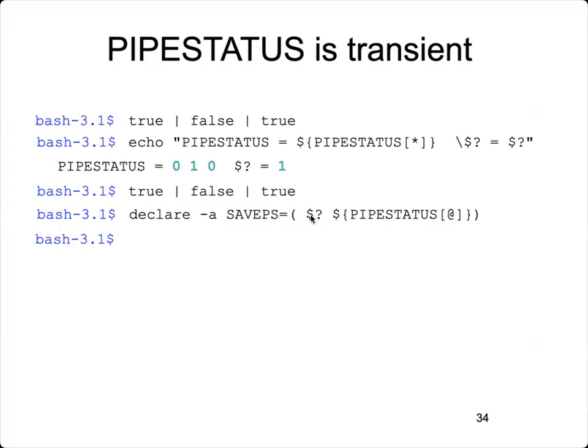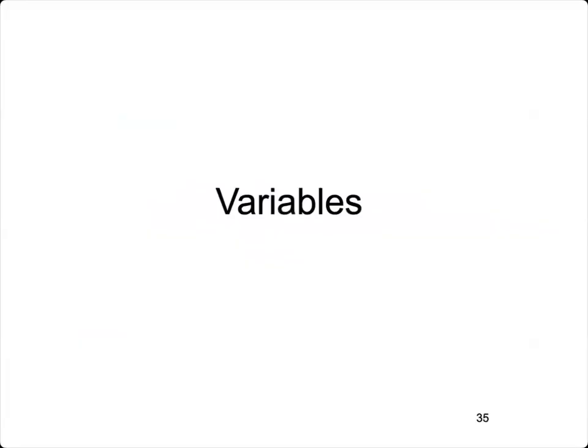And I like to put the aggregate $? as the first element of the array. So the 0th element is the summary status. And then you get an array of everything in that pipe status. So then you can query it later to figure out what's going wrong. So here we go. There. All right. And we'll have the slides so you can look back at that.